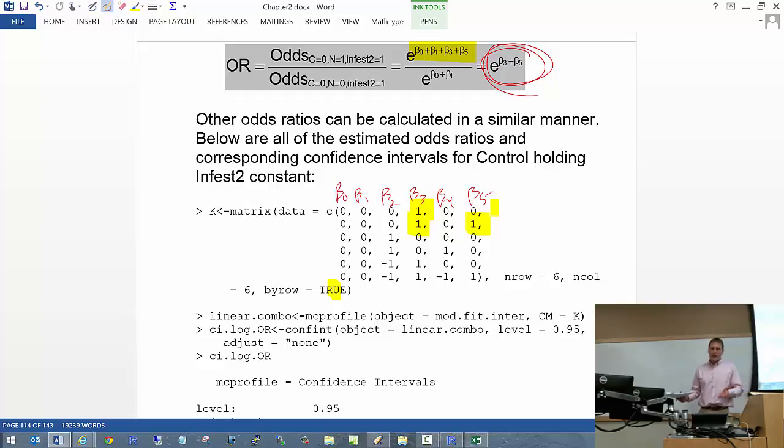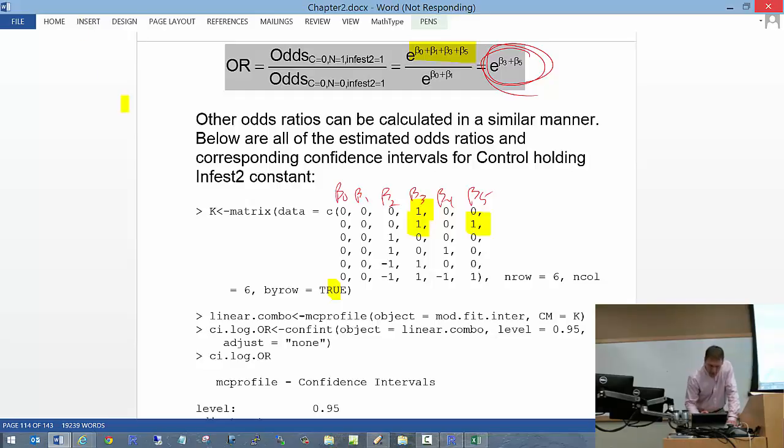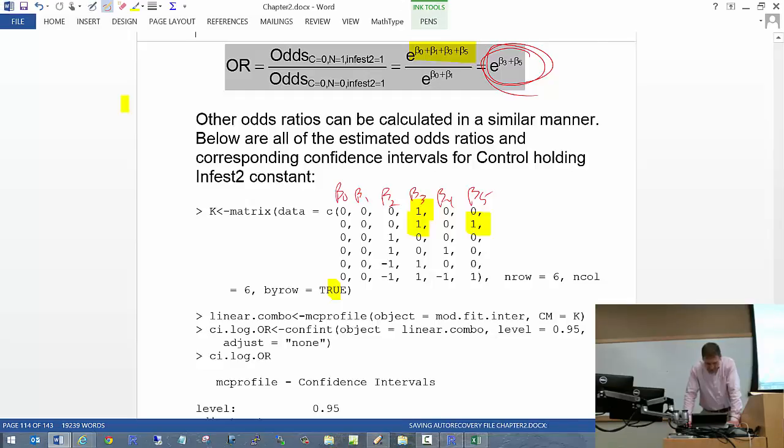So, what we did here, we compared N to B. We'll compare C to B at infest2 equals 0 and infest2 equal to 1. That's the next 2 rows. And of course, Word is not responding for me. It's being difficult.